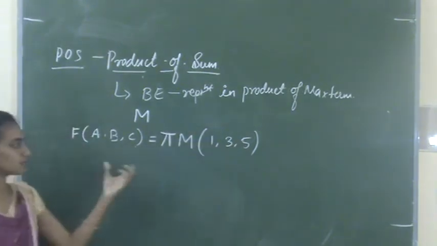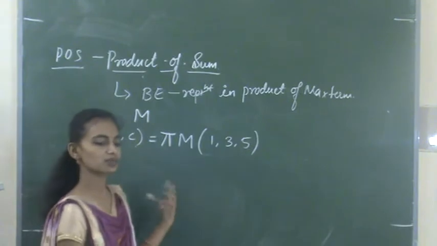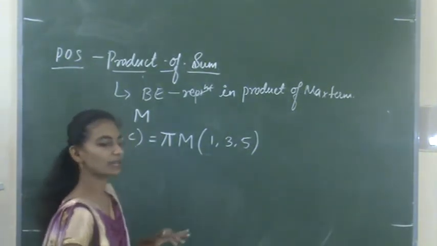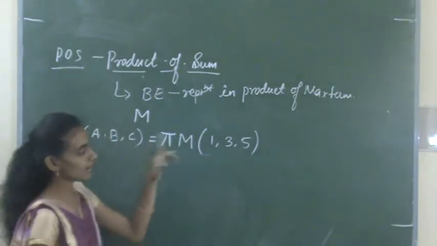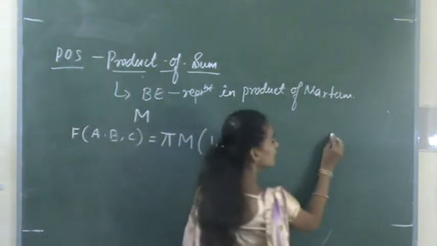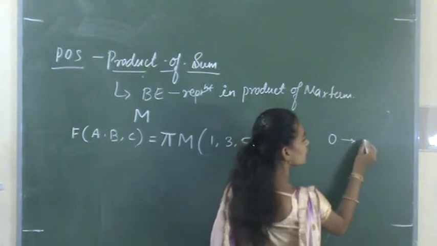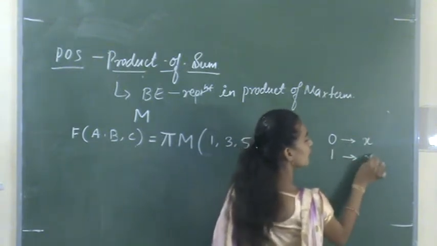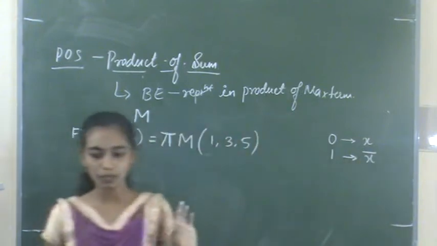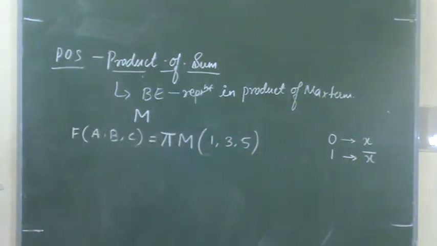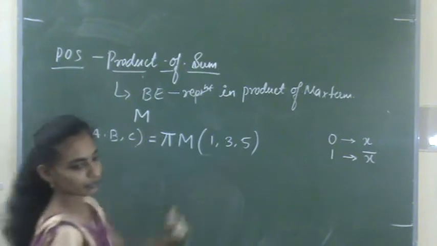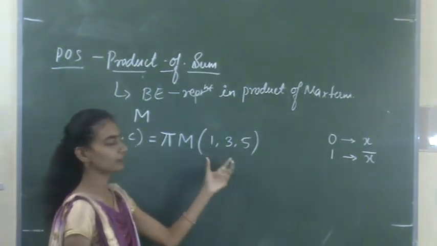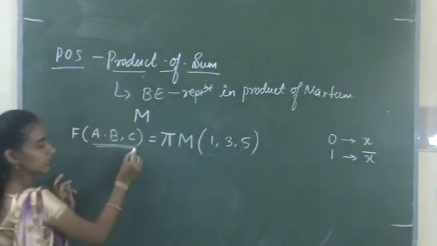As we studied in SOP, first we write the truth table, right? For a max term, wherever 0 is there we write the variable as it is, wherever 1 is there we write the complement of that variable. Now I have to write the truth table for 3 variables.